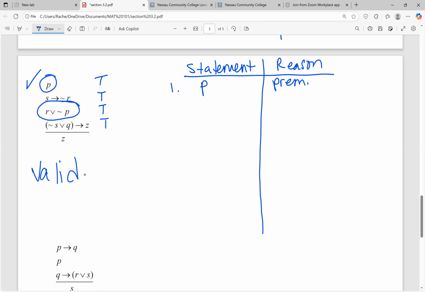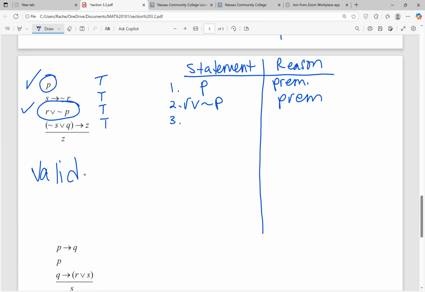So I'm thinking I could use one of my disjunctive valid argument forms, right? Whether it's the syllogism or the addition. So let's see. Let's write down the third premise. So we're going to have R or not P. So it's a premise.